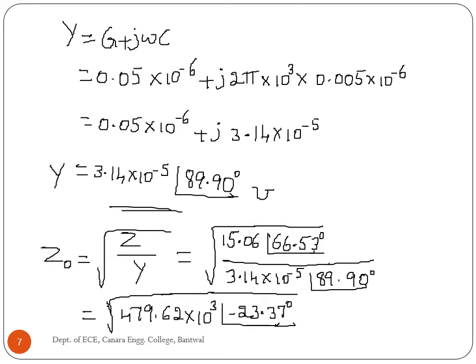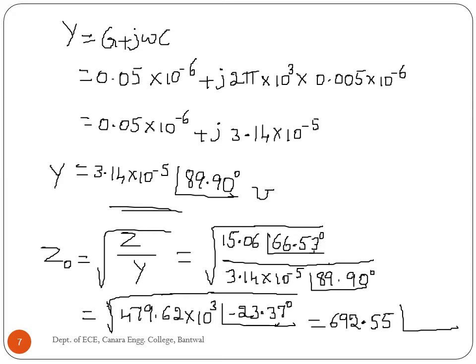After subtracting the angles, 66.53 degree minus 89.90 degree is minus 23.37 degree. Root of 479.62 into 10 to the power 3 is 692.55.